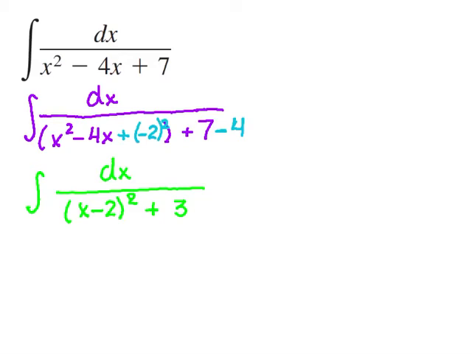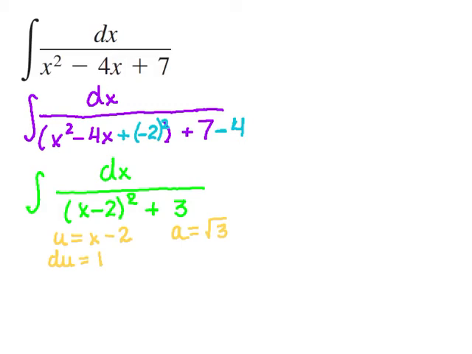Arctangent. Okay, so arctangent, u in this case is x minus 2. What is du going to be? 1. So we're set there. What is a? A is root 3.